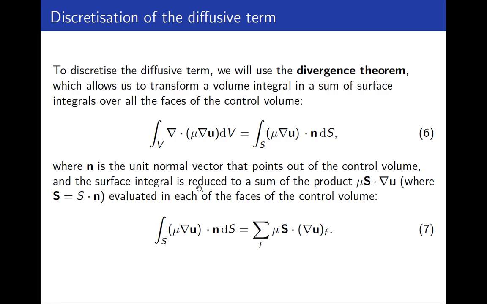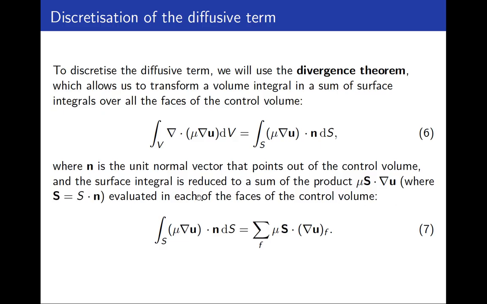And then the surface integral, this one, is reduced to a sum of the product, as I was saying before. This product where we have the viscosity multiplied by this vector S, which is just the surface or the area of the face of your control volume multiplied by the unit normal vector. And then you have this product, and then you have the inner product with the gradient of the velocity.